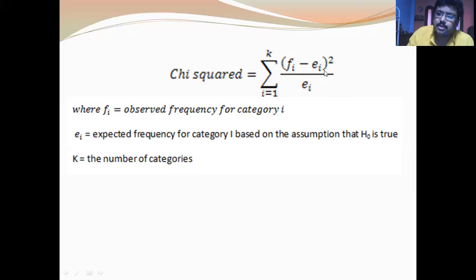Okay. So when we use this formula, we should consider this case, and this k is the number of categories, and so the test statistic has a chi-square distribution with k minus 1 degrees of freedom.